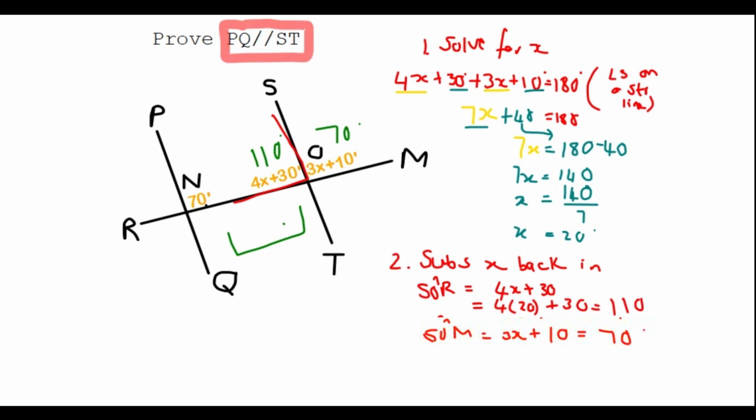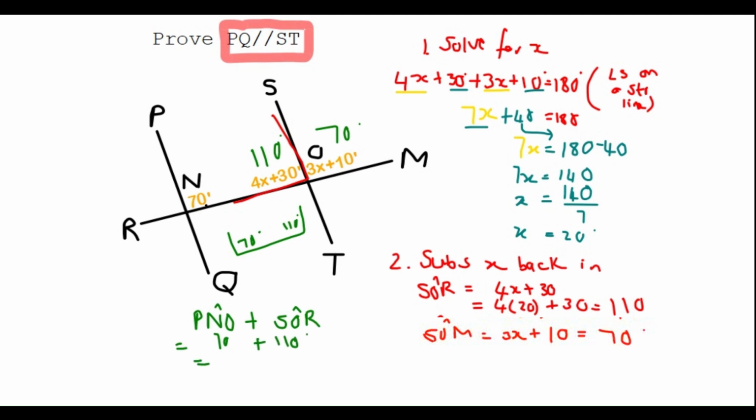Okay, 110 plus 70 gives me 180. How am I going to write that down? First, I name the angle. The 70 is PNO, angle PNO, that's 70 degrees, plus the other angle SOR, that's the one that is 110 degrees.